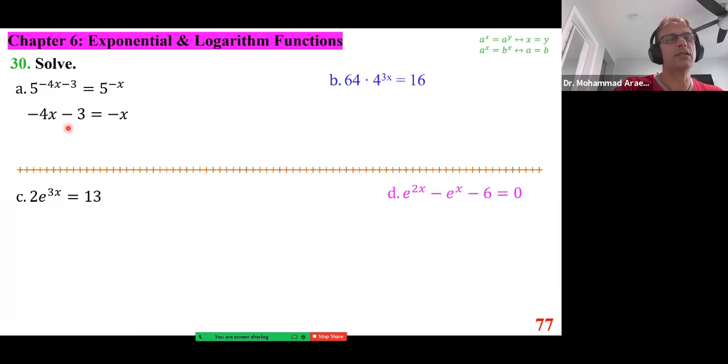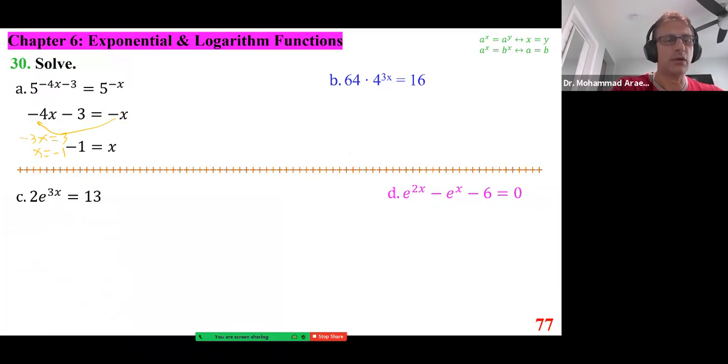We bring the negative x over, we make it positive x, and negative 4x is negative 3x. Or you can take the equals 3 and x is negative 1. So however you look at it, minus 1 equals x or x equals negative 1 makes no difference.